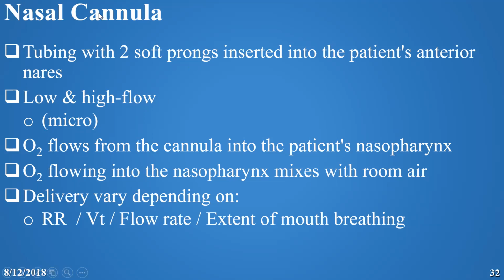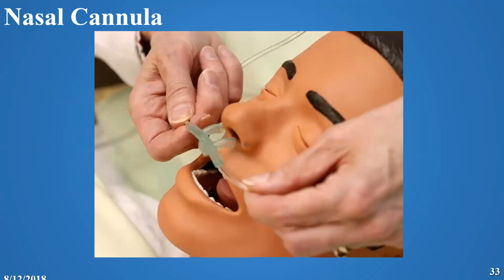So the delivery by nasal cannula is affected by the respiratory rate, the tidal volume, the flow, remember the blending table, and whether the mouth is open or closed. So here is a nasal cannula. Any question about oxygen delivery using nasal cannula?